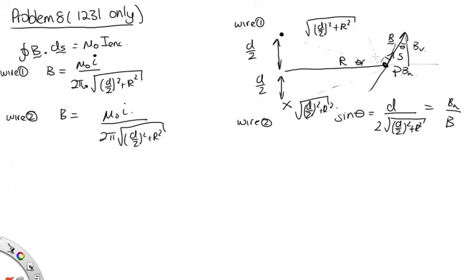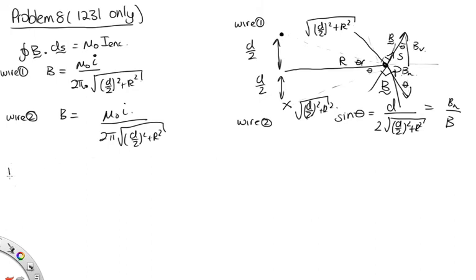In this case, here's our circle. B is going to be directed in this direction. And so once again, this is theta. The angle between the radius and the tangent is 90, and so this angle down here is theta as well.